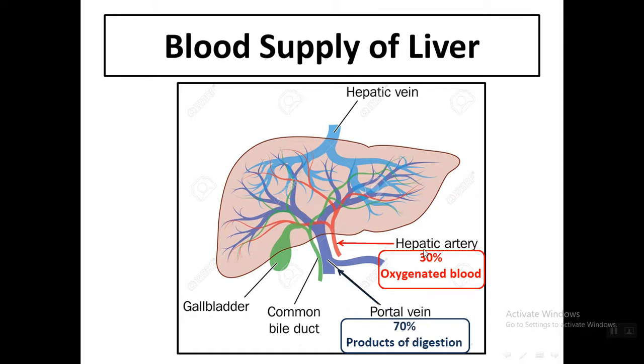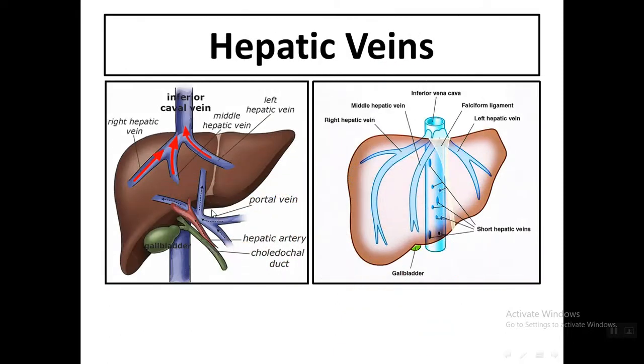So the hepatic artery will give oxygenated blood to the liver, while the portal vein will give the blood that is loaded with the products of digestion after they are absorbed from the GI tract. All this blood, after it is processed in the liver, will be drained to the hepatic veins.